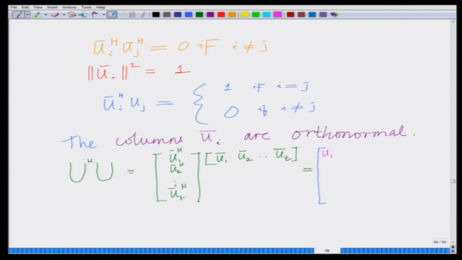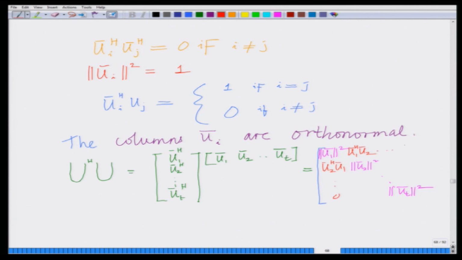The diagonal entries are u1 bar Hermitian u1, which is norm of u1 bar squared, norm u2 bar squared, and so on, and the off diagonal entries are u1 bar Hermitian u2, u2 bar Hermitian u1 bar, and so on.